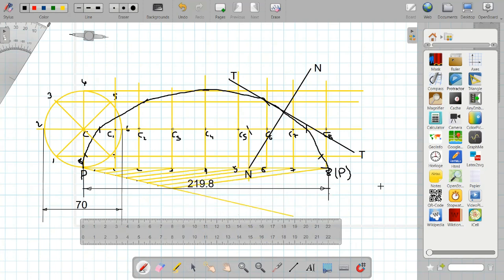So this completes the question in all respects, wherein we have traced the locus of a point P, which is on the circumference of the circle. And also, one more point is missing here. We were also asked to name this curve. So this curve name is cycloid.